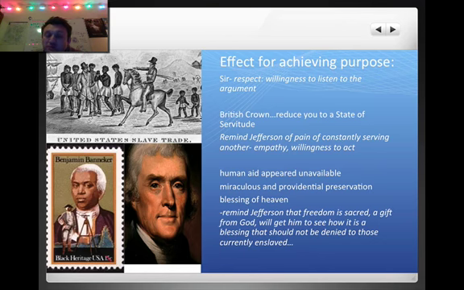So we're planting some seeds that this is important. Now, how does this all relate back to slavery? As we go on, we're going to see that he takes advantage of this to show Jefferson how important slavery is and how he needs to look at his role directly with this institution.